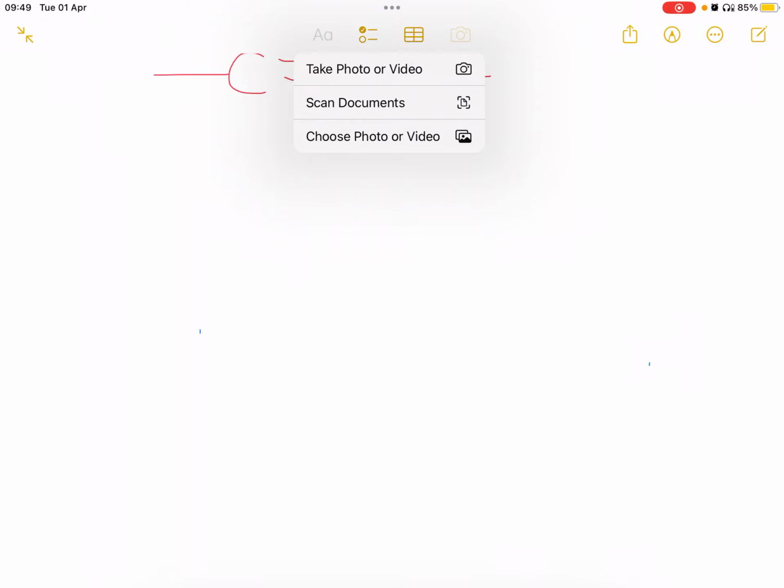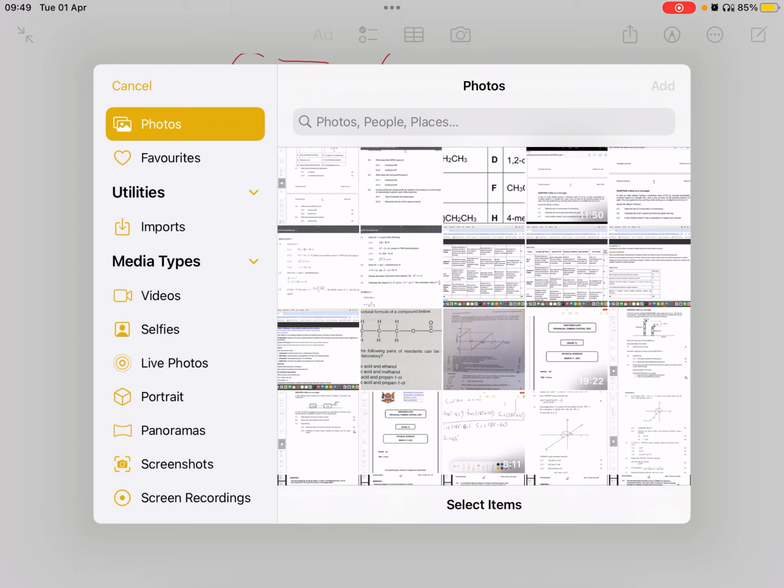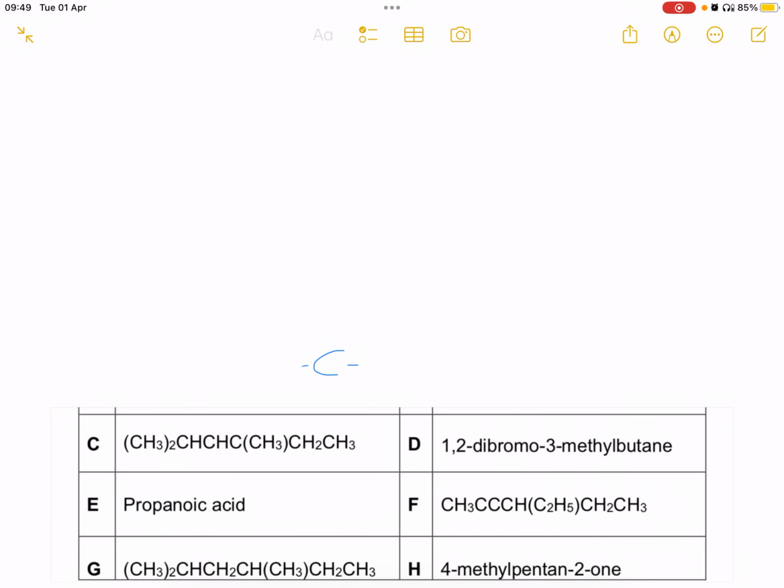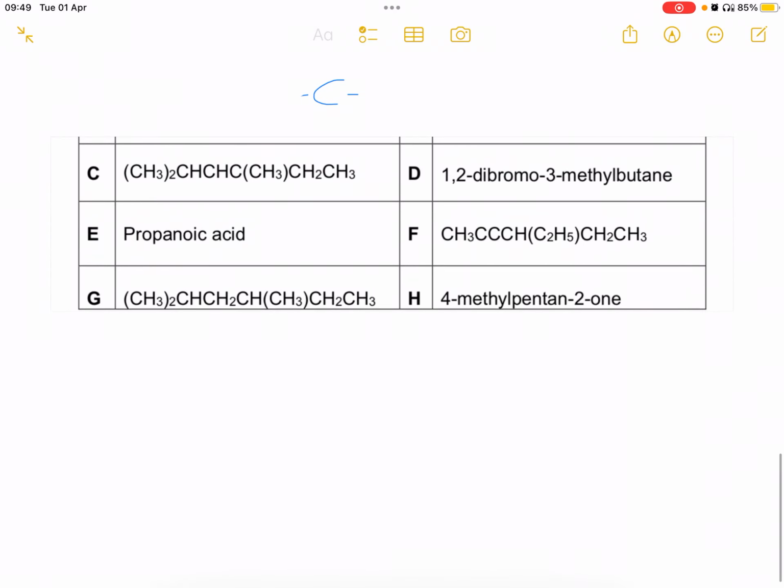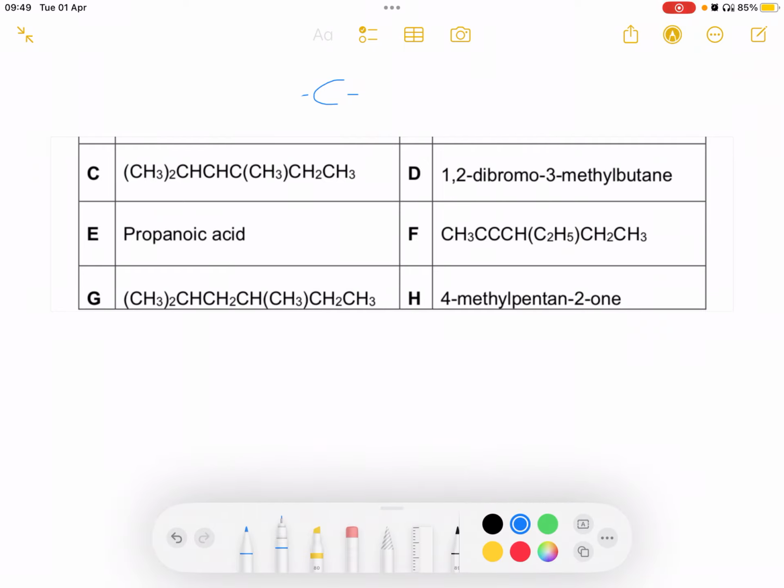So C, if I can add the picture of C here. C is having a condensed structural formula like this. So when we draw it, we start by saying there is a CH3. And a CH3 can't just be attached. When it's in bracket, it means it's attached to a certain carbon.